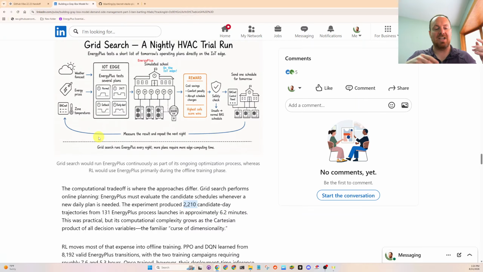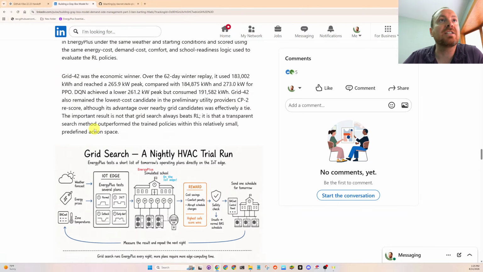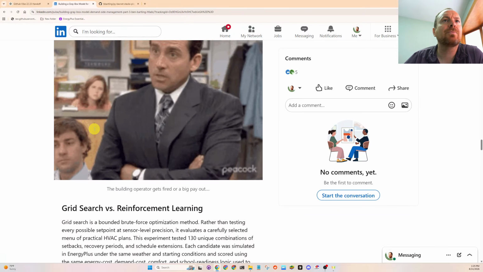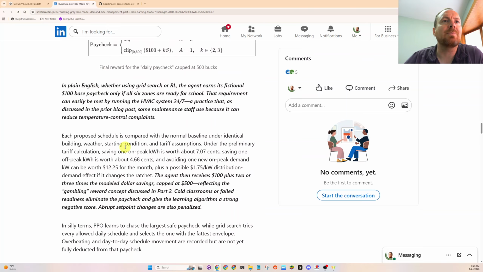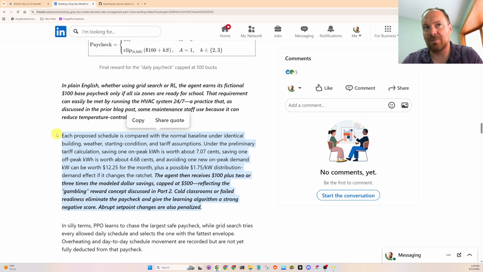It's just nested for-looping through these different optimization strategies with the same paycheck, the same thing that the reinforcement learning agent uses to know, during model training.